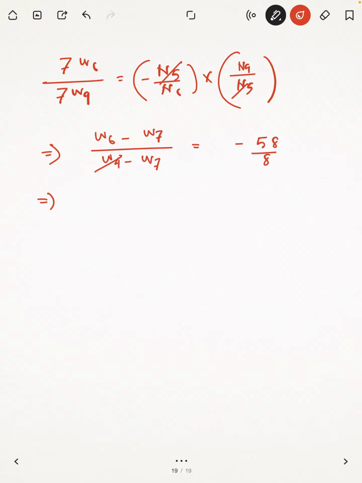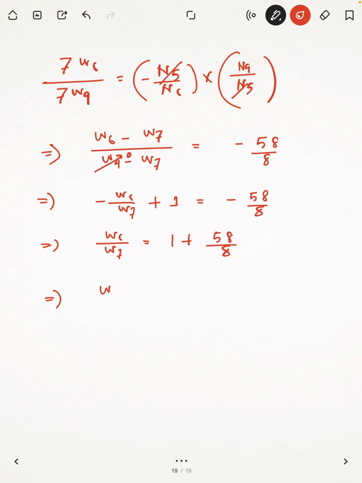Now if I again write omega 4 is 0, omega 6 by omega 7 plus 1 is basically minus 58 by 8. And if I do the rearrangement, we're going to get omega 6 by omega 7 is basically 1 plus 58 by 8. From this equation, omega 6 should be omega 7 times 1 plus 58 by 8.